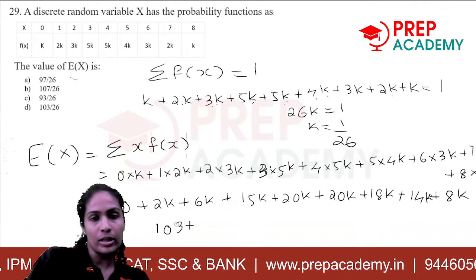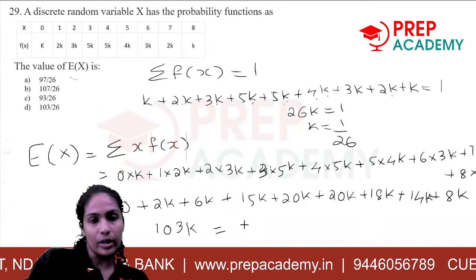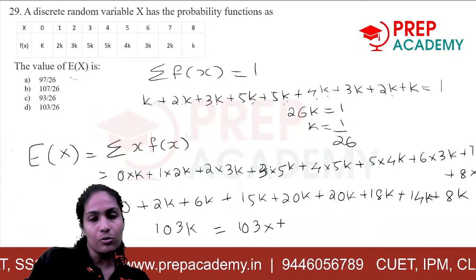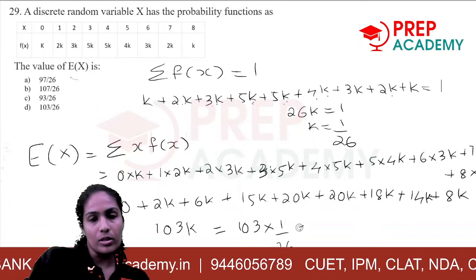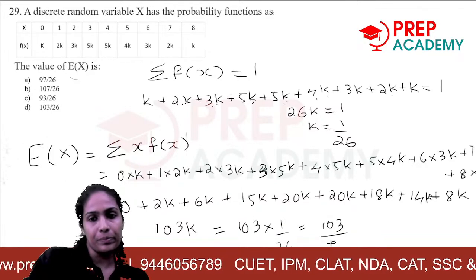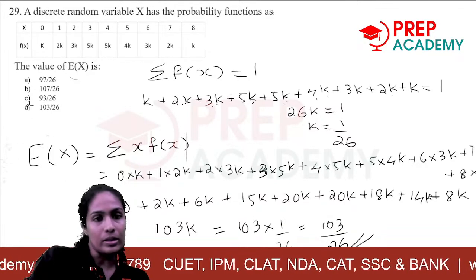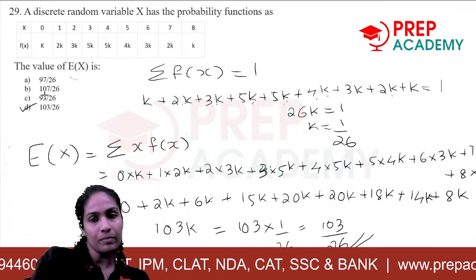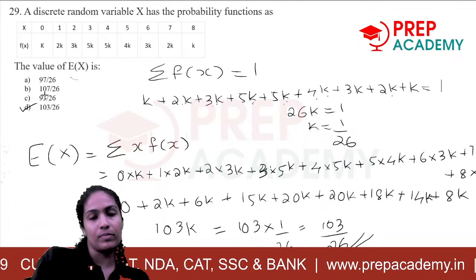So 103k. Substitute the value of k, 103 into 1 by 26. This is equal to 103 by 26. Option D. B is the correct answer.